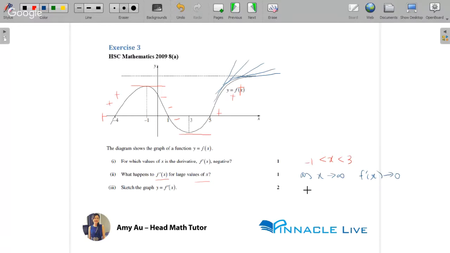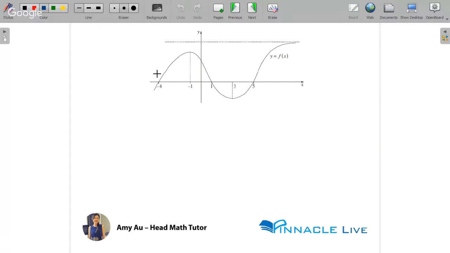All right, so combining these two bits of information, let's try to sketch the first derivative graph. So I have here the same thing. Let me just annotate that again. So stationary, positive, negative, positive. So let's draw this.